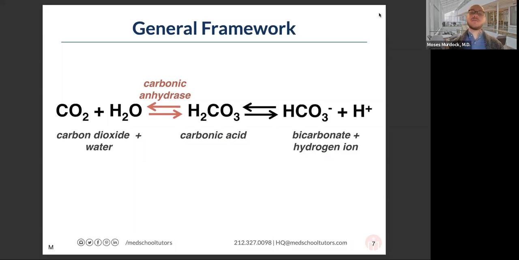So if you're getting rid of CO2, that means functionally you're pulling the reaction in that direction and you're eliminating a source of acid. Conversely, if for some reason you can't get rid of CO2 and it's building up, it'll push the reaction in the other direction, generating carbonic acid, generating a more acidotic state.